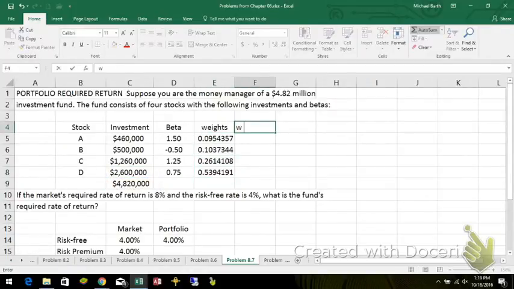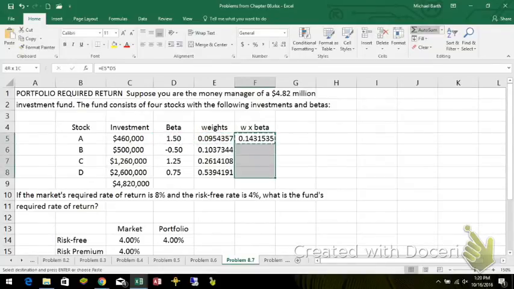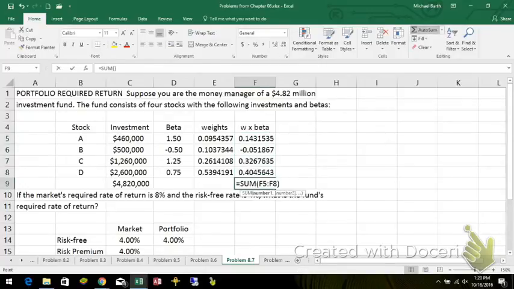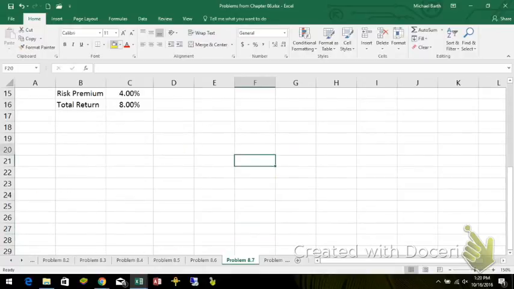If I do the weight times the beta, copy those down and then add them all together, that's the beta for the portfolio. So the portfolio beta is 0.82, and then carry it out to as many decimal places as you'd like.